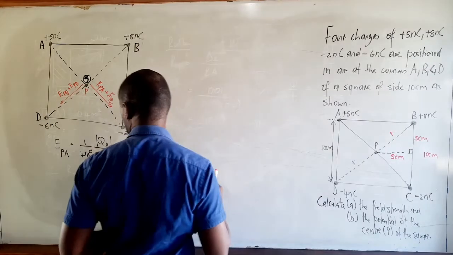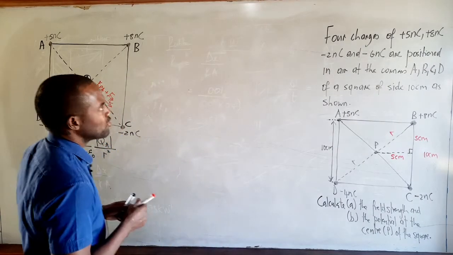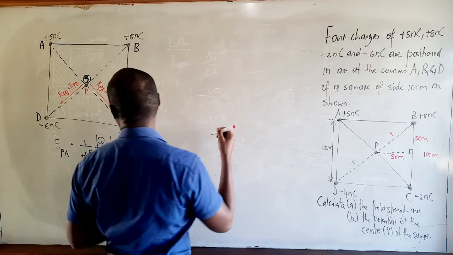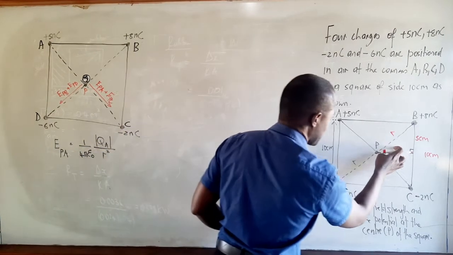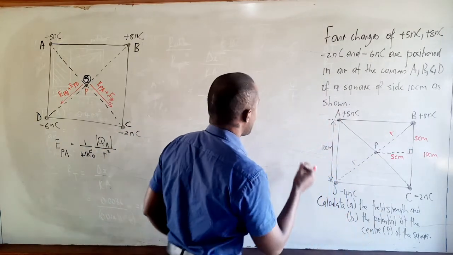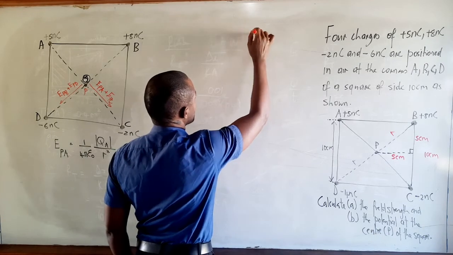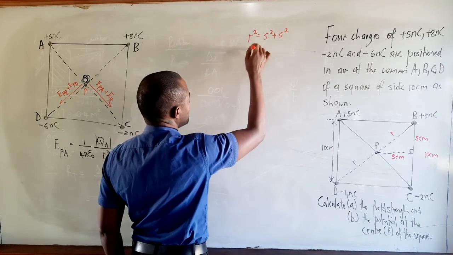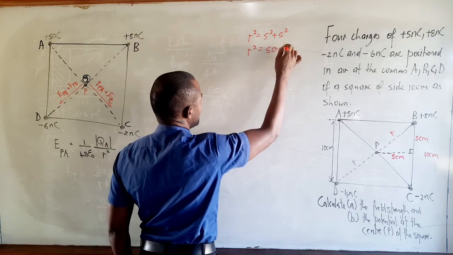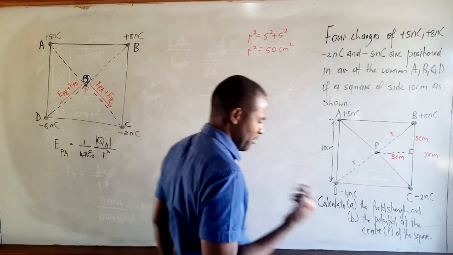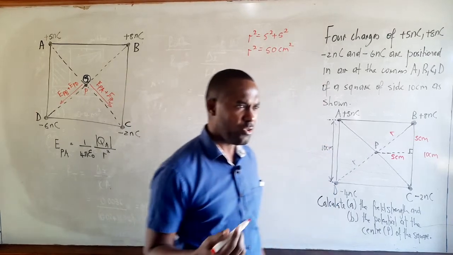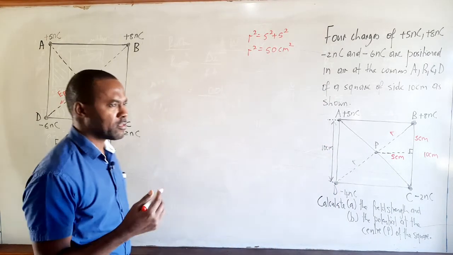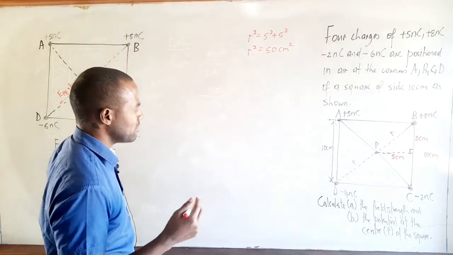By Pythagoras' theorem, r squared is equal to 5 squared plus 5 squared. So r squared is equal to 50 centimeters squared. But we're working with SI units, so we need to convert this from centimeters squared to meters squared.